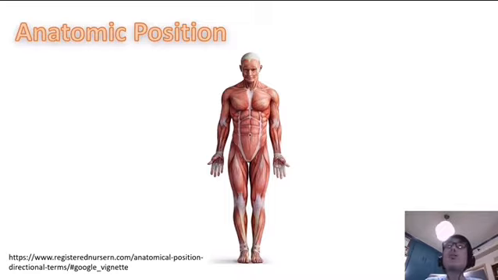There are a handful of important anatomic terms which we will use time and again to describe the position and location of various structures in the human body. And the basis, the foundation for all of these, is the so-called anatomic position.